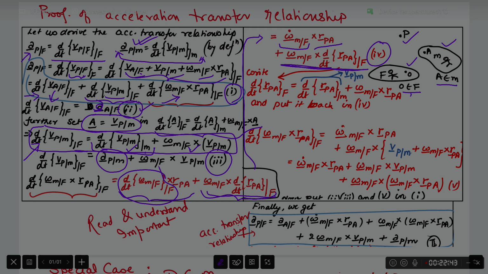Now I am going to process this second term of 4 even further. I am going to write d/dt of RPA with respect to F using intermediate frame M. So that becomes d/dt of RPA with respect to M plus omega MF cross RPA. Here I am again using the same relationship that we have here.